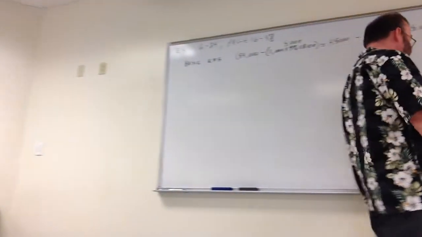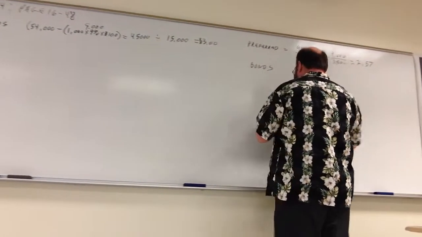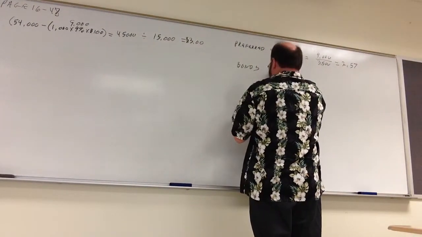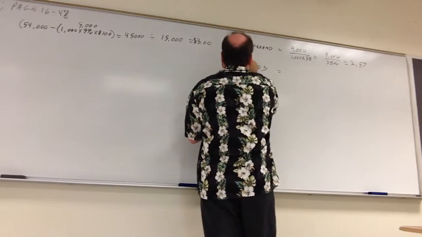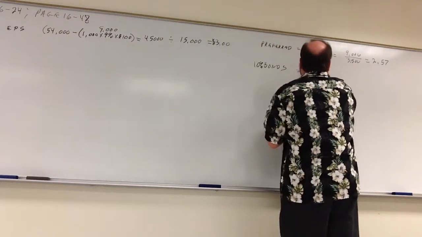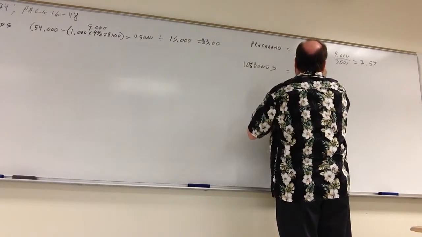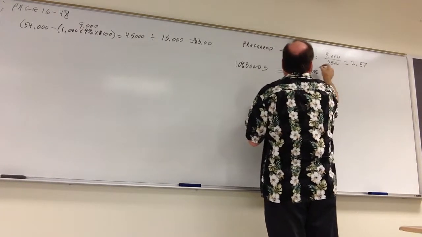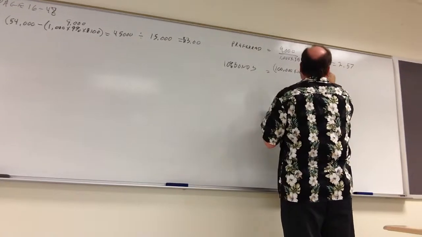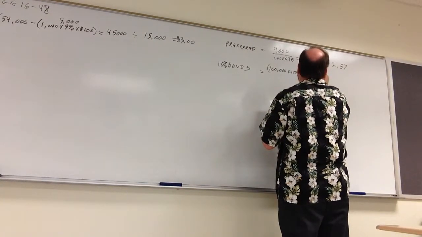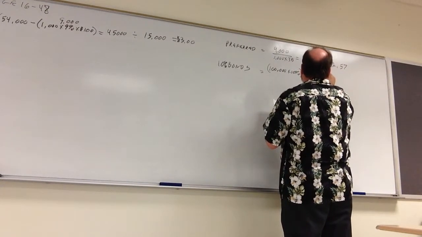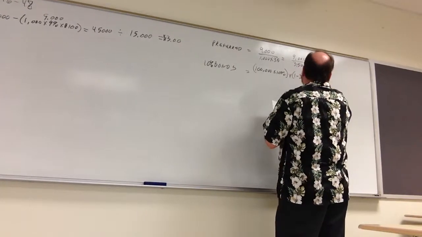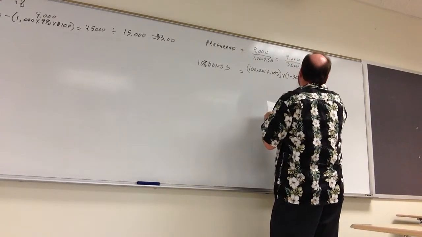So, here's an added twist. It's 10% bonds, 100,000 times 10% times 1 minus the tax rate times 1/2.